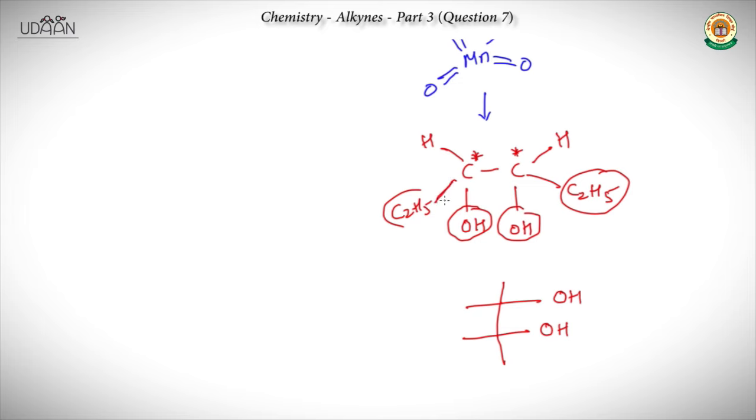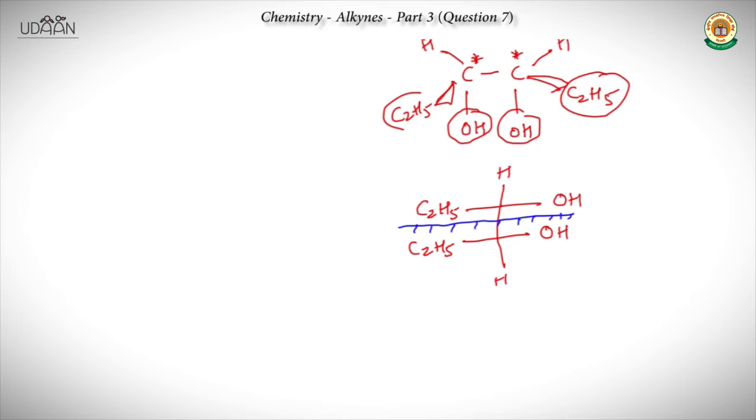The compound is symmetric. C2H5, C2H5, and finally keep the hydrogens. Now, this compound has a plane of symmetry. So what we got here is a meso product, and it's optically inactive.